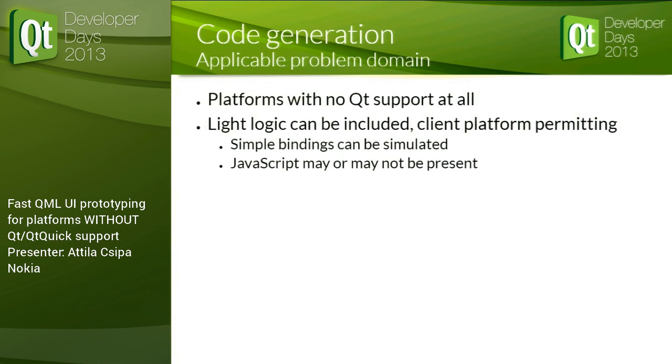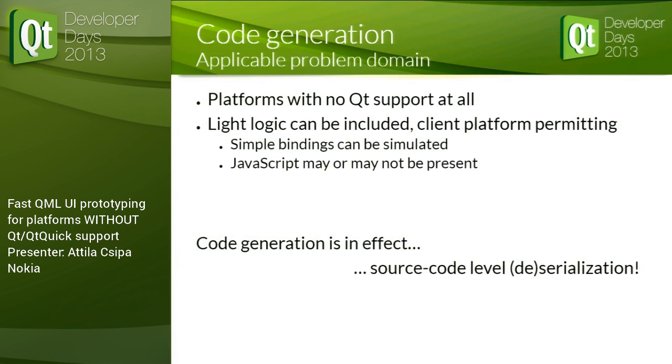The applicable problem domain for code generation is, again, platforms with no Qt support at all, but the advantage compared to the simple QML construction is that light logic can be included. Since we are generating it, we are a lot more flexible as to what we can put in there. So code generation is in effect a source code level serialization.